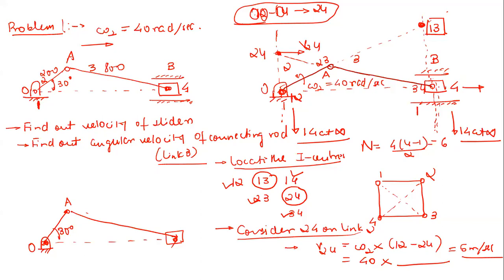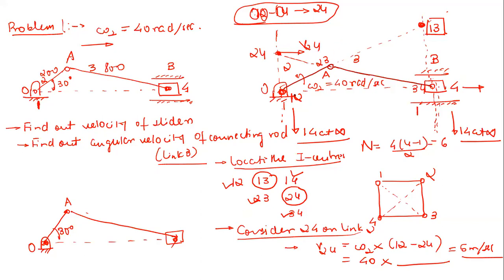Now after that, the process is very, very easy. The common instantaneous center is 2, 4. So let us imagine this 2, 4 on link 2 first. When I consider this instantaneous center 2, 4 on link 2, I simply calculate the linear velocity. We know that V equals R omega, right?